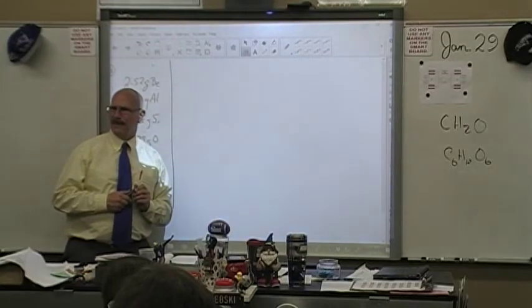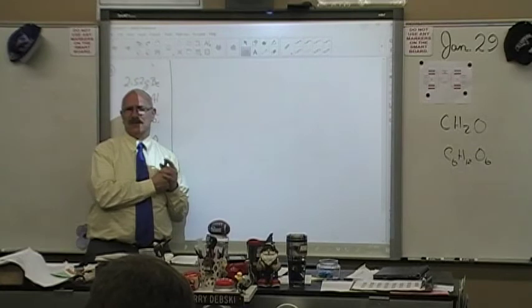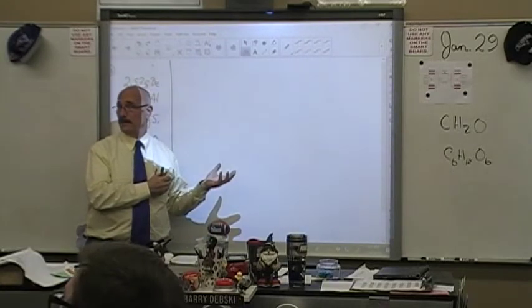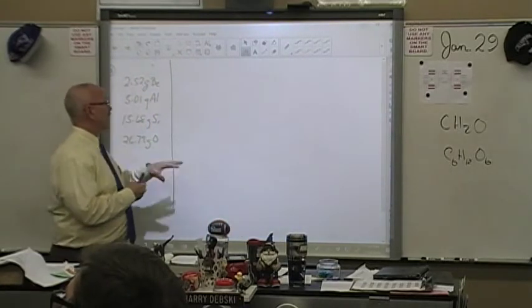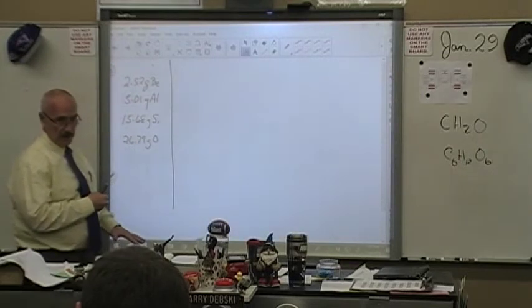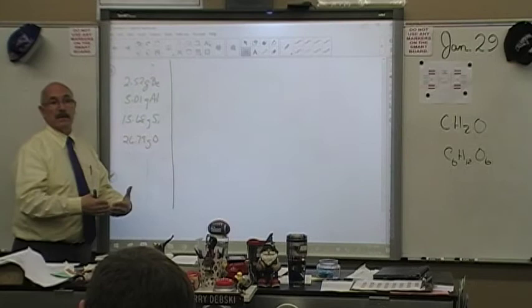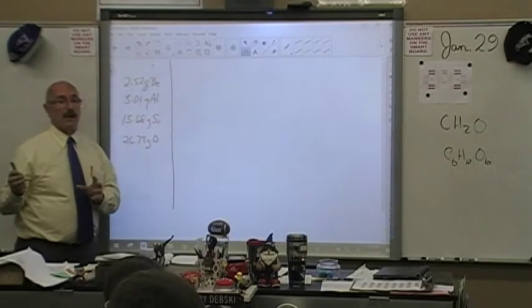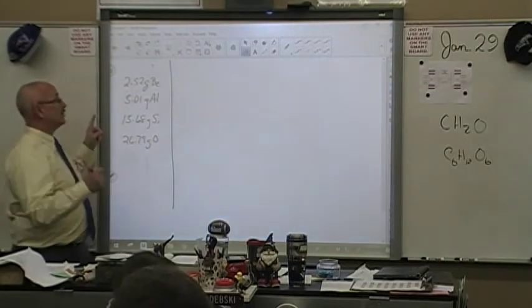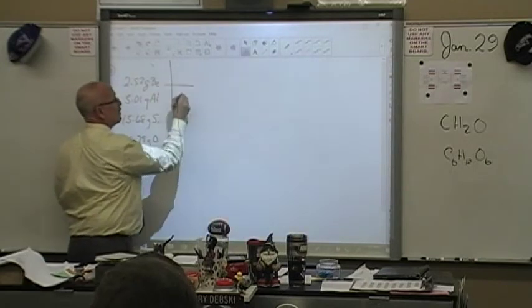They're already in grams. So why do I want to change something into percentages and then change it back into grams? If these are the correct numbers, and they're in grams already, then we're one step ahead. We've already done the first step. I don't need to know percentages. So let's go straight to moles.